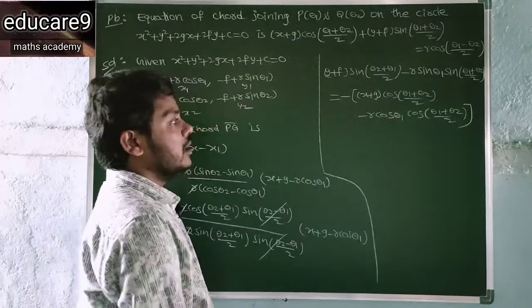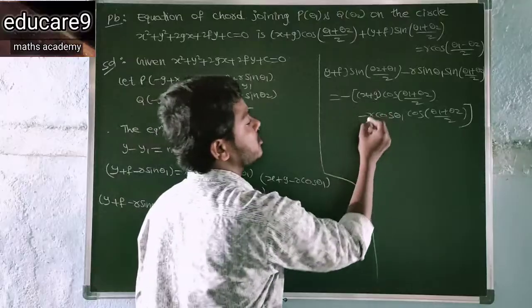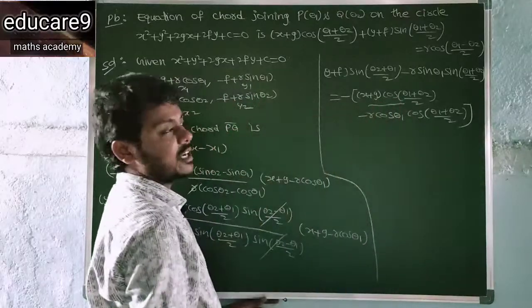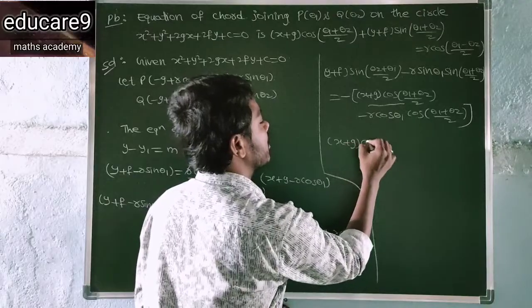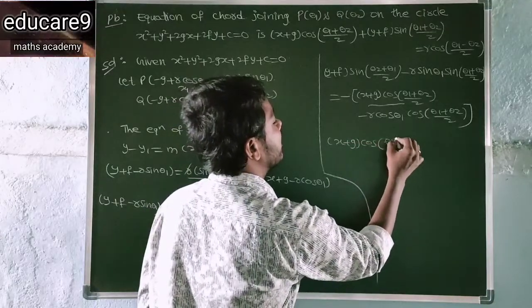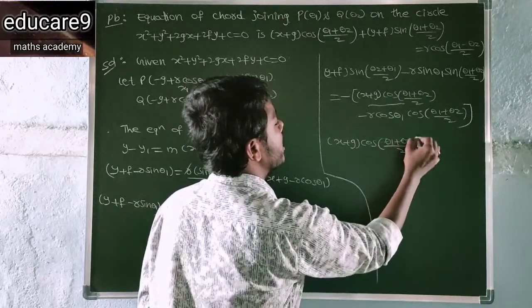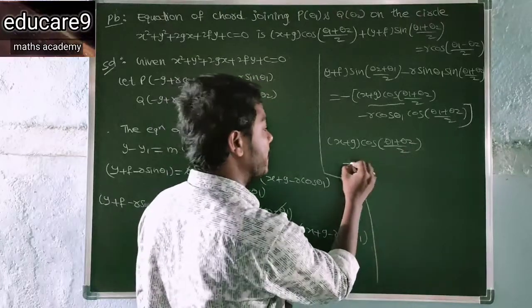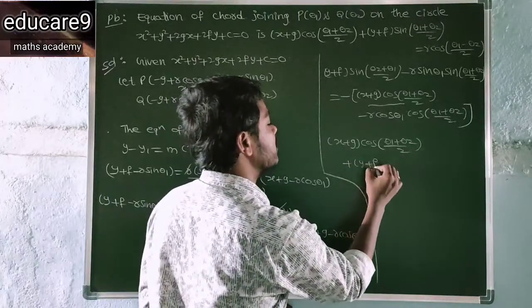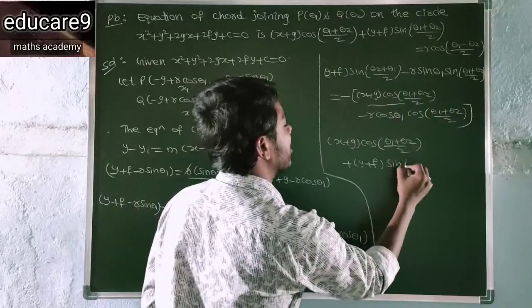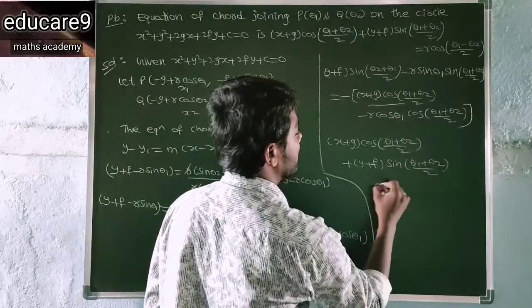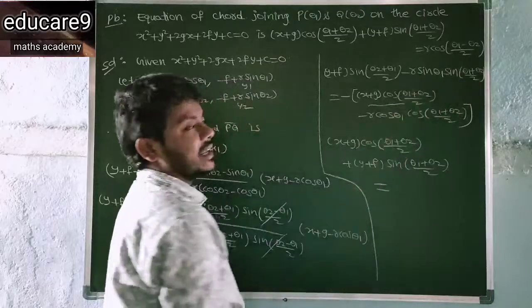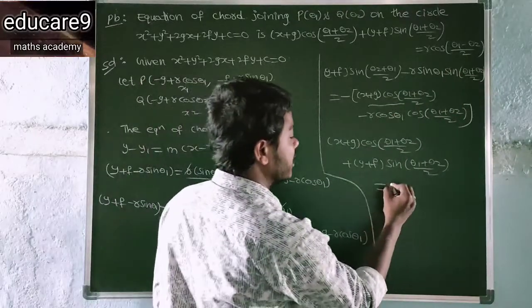Now send this term to the left side, then you get x plus g cos of (theta 1 plus theta 2) by 2 plus y plus f sin of (theta 1 plus theta 2) by 2, and send this one to the right side and r is common.